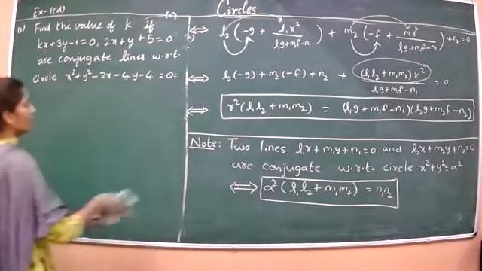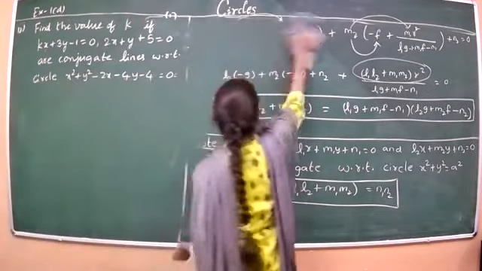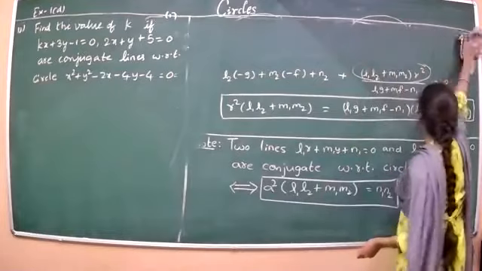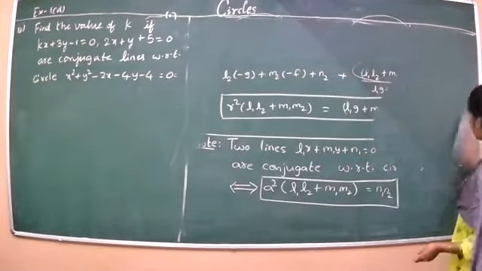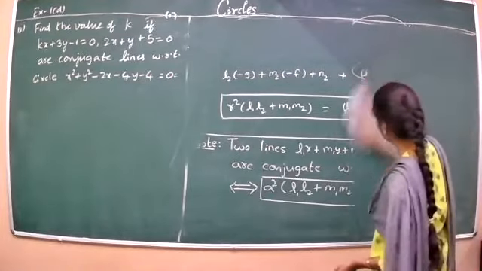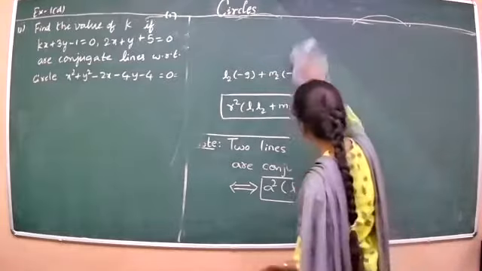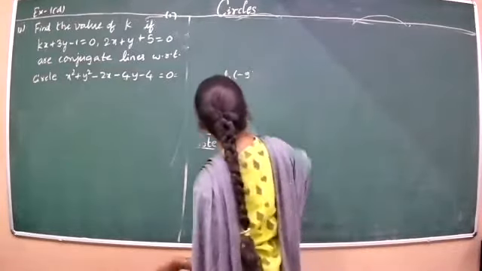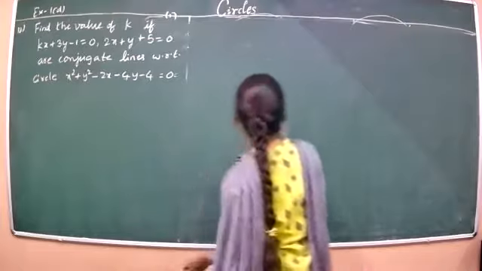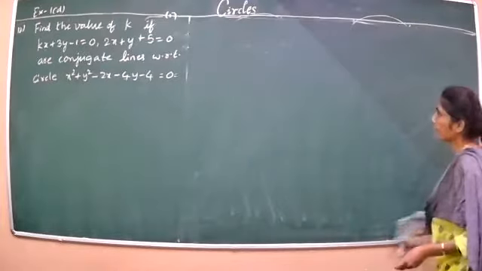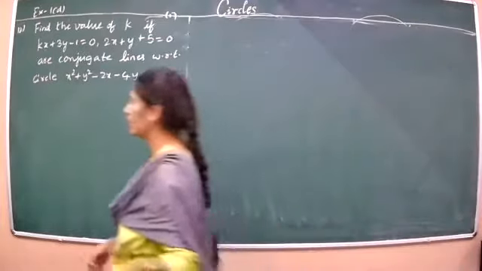Now we have to write the given equations. Given lines, first line L1 and second line L2, and the given circle equation S. Let those equations be equation 1, 2, and 3. You can find the value of k in two ways.